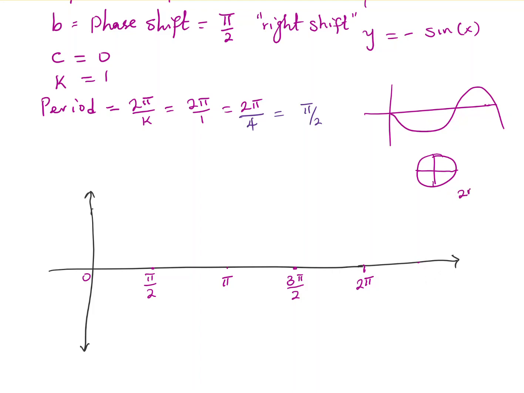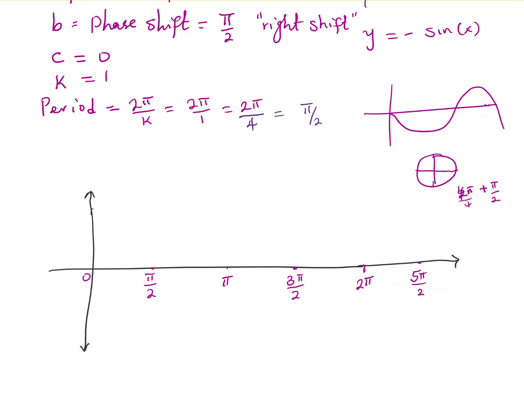So if we have 2 pi and we are adding pi by 2 to that, that is 4 pi by 2 plus pi by 2, so that is 5 pi by 2. This gives us the first quadrant, the second quadrant, the third quadrant, and the fourth quadrant, because we need to have a phase shift of pi by 2.